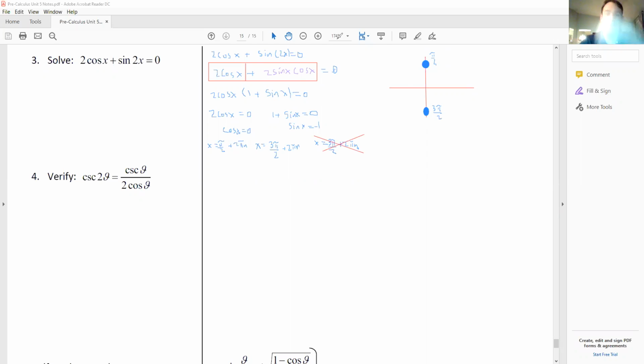Instead of having 2 separate roots, we can write it as 1. So our final answer is x equals pi over 2 plus pi n. Because these right here, friends, were indeed pi away. Pi and pi.